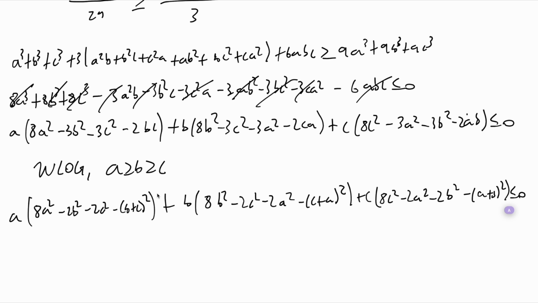The reason why that should be the maximum is because when a equals b equals c, it implies that it is the maximum for this one. Also, when a equals b equals c, it just evens out everything. But I know that my explanation right now is not that rigorous, so I need to somehow find a way to make our proof rigorous.